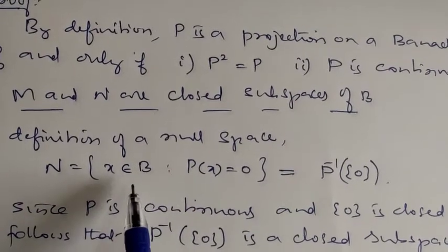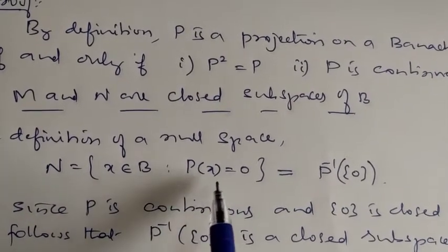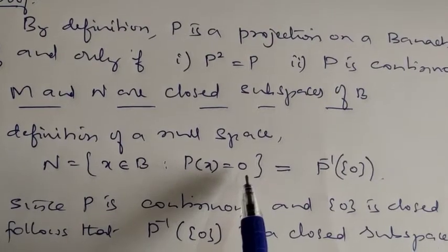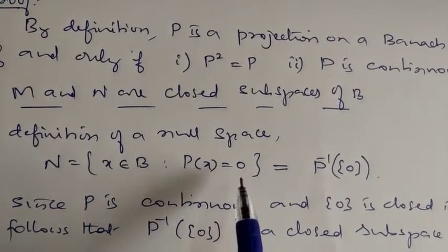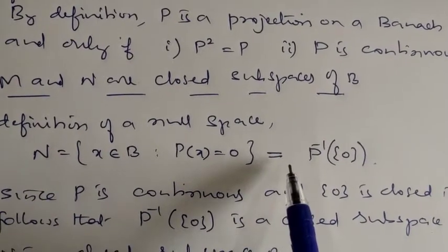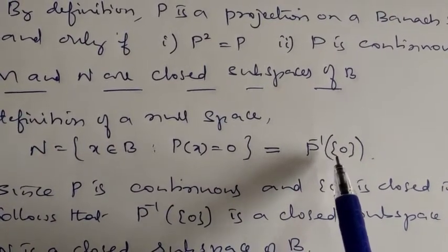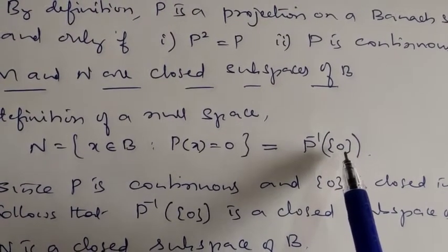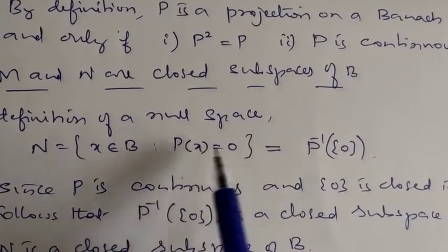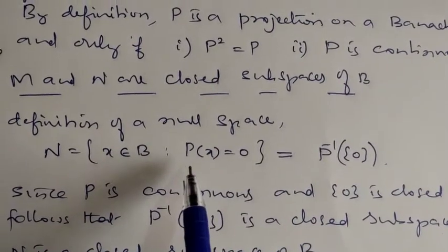It contains those vectors of B which are mapped onto the zero vector of B itself, because P is a mapping from B to B. So this is nothing but the inverse image of the singleton set 0.